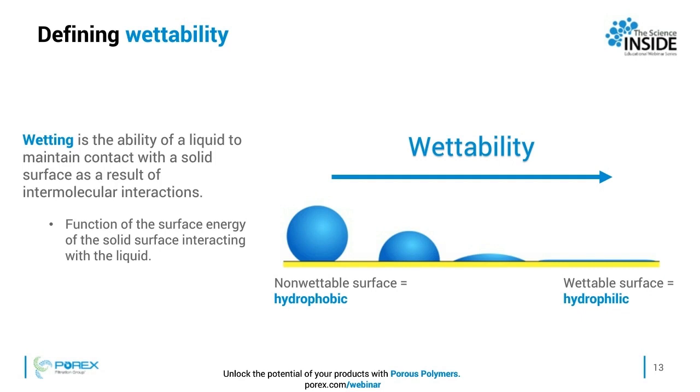As you can see from this image here, on the left side you have a nearly spherical droplet of liquid sitting on a non-wettable surface, i.e. a hydrophobic surface. As you move towards the right of the image, the surface becomes more and more hydrophilic, which means it likes wetting with water, and the water droplet disperses across the surface.